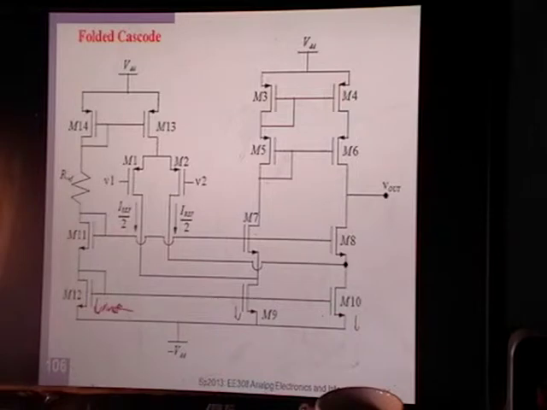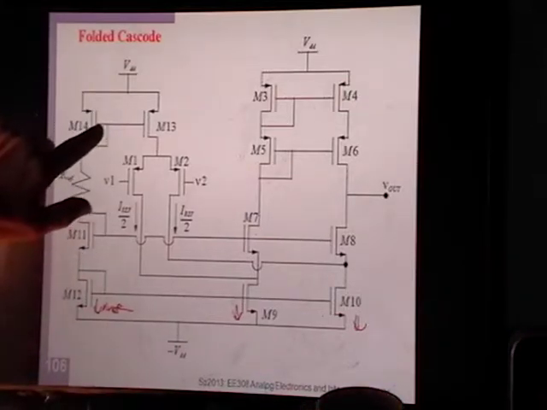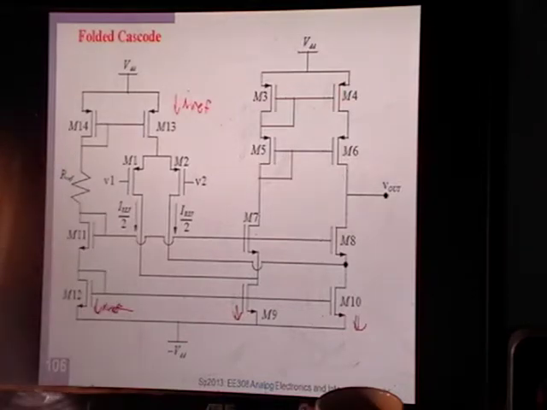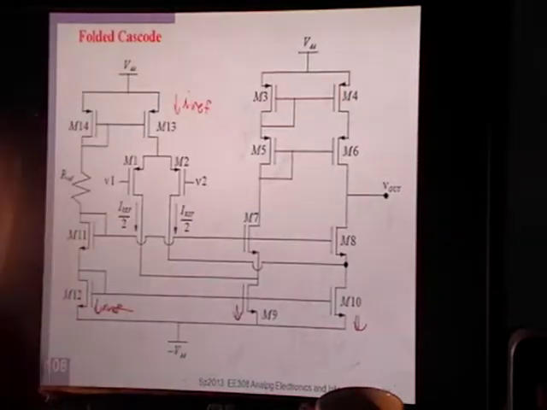And this is going to be IREF. And this is going to be IREF. Okay. And then you can also see you have got IREF going through here. Here's another diode connected transistor that's connected up over here. And so this is also going to have IREF. And I should be writing the I as capital since it's a DC value. Okay, so you've got IREF through here, IREF, IREF.